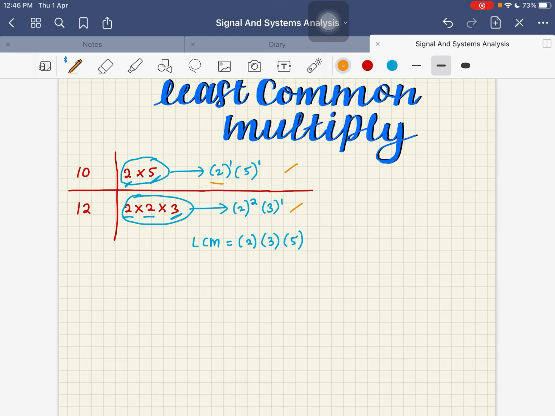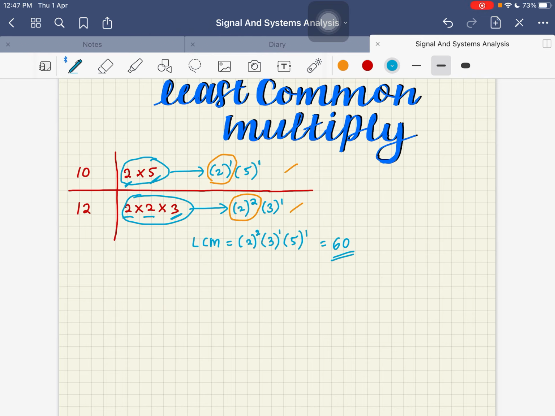In the first number it has a frequency of 1, while in the second number 2 has a frequency of 2. So we take the highest frequency, which is 2. For 3 and 5, the highest frequency is 1. Then we multiply these numbers. If I multiply this with my calculator, 2 to the power of 2 times 3 times 5, I will get 60. So this is the least common multiple for these two numbers.